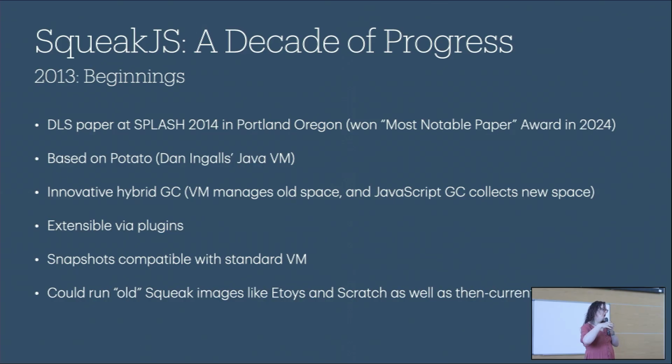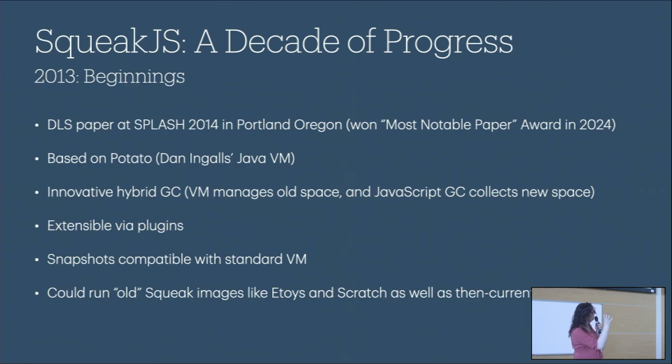The whole design around SqueakJS is trying to leverage as much of the JavaScript host environment as possible. It's a very fast JIT compiler, right? So current JavaScript VMs are very, very fast. And they have very good garbage collectors too.